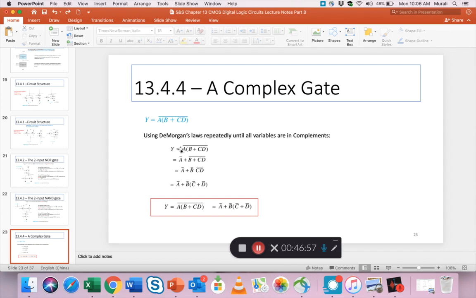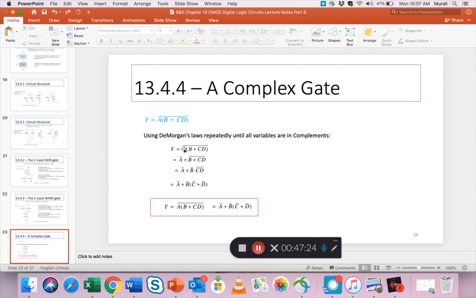Now remember, this is not always possible. It's possible sometimes. Most cases it's not possible, and we can still create logic circuits. We have some examples later on; even though you can't break it down so nicely, you still can, but it just becomes a more complex circuit. But for now, let's focus on just this and going to completely complemented variables.